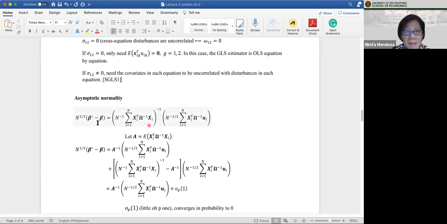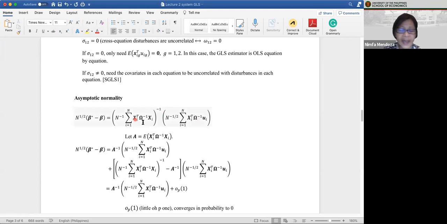Working with the star variables, we would get this relationship: n to the minus 1/2 times beta star minus beta. That's the distance between the estimator and the parameter you'd like to estimate, and it is equal to this expression.